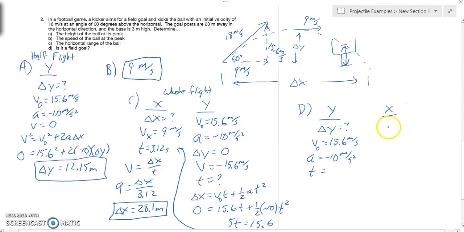So let's look in the x direction. We know our velocity is 9 meters per second. The goalpost is located 23 meters away, so our displacement in the x direction is 23 meters. And yeah, we can get time now. So v equals delta x over t, so 9 equals 23 over time. Time equals 2.56.